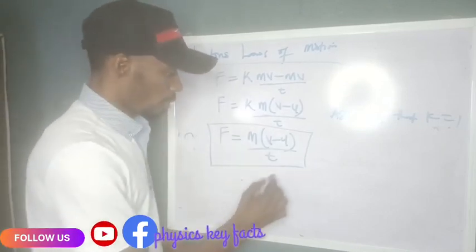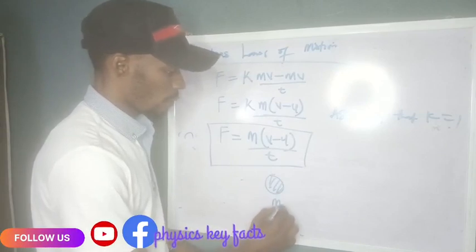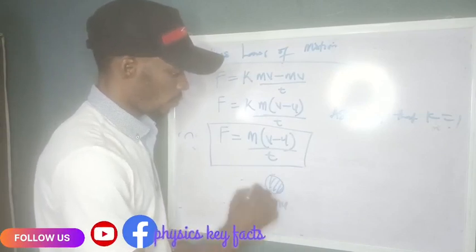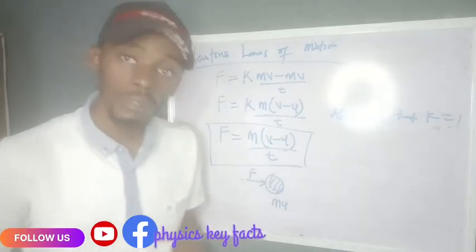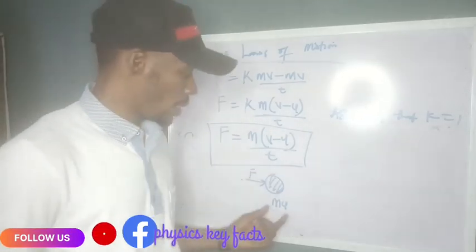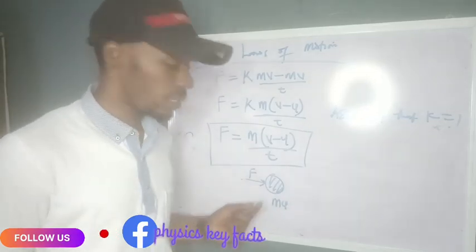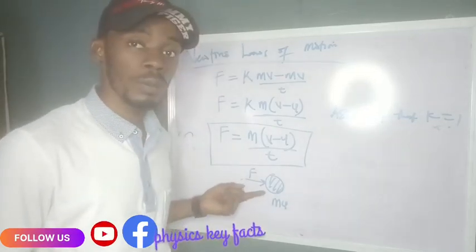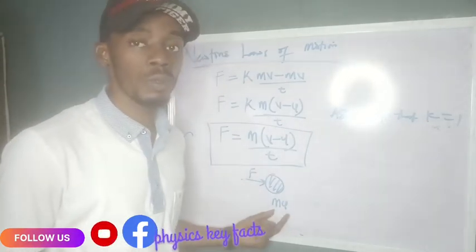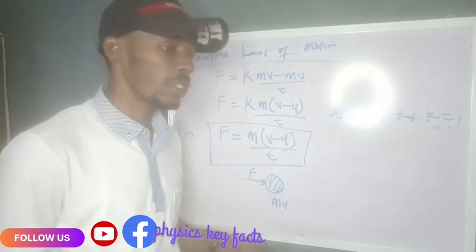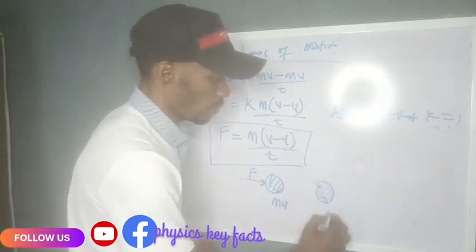if we have a body of mass m and velocity u, and then an applied force, according to Newton's second law of motion, remember that the applied force to this body will change the momentum of this body. This body already has a momentum mu, and this force will bring about a change in momentum to mv.